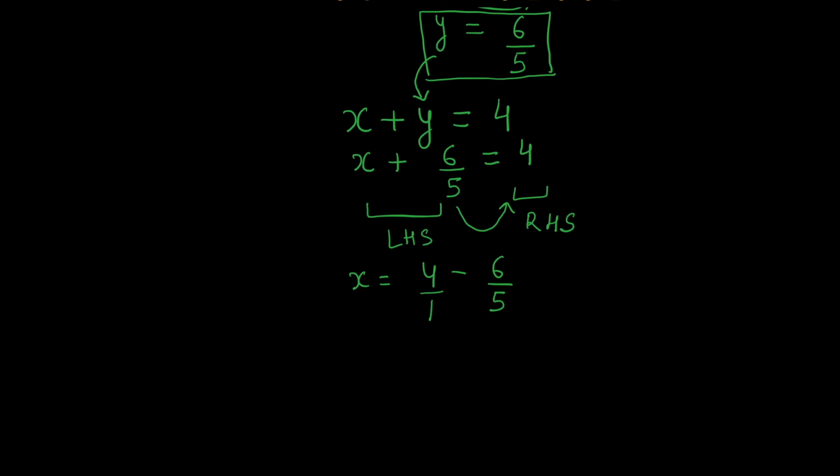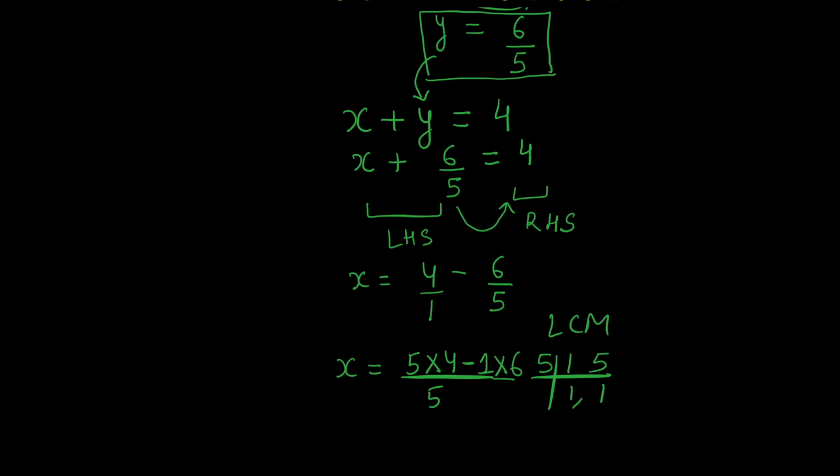And now you need to take the lowest common multiple for 1 and 5, which is 5. So the denominators are 1 and 5. Once you divide, it's 5 and you have to multiply with the numerator, which is 4. Similarly, this negative sign will come back here. And then 5 divided by 5 is 1, and when you multiply by the numerator, which is 6.